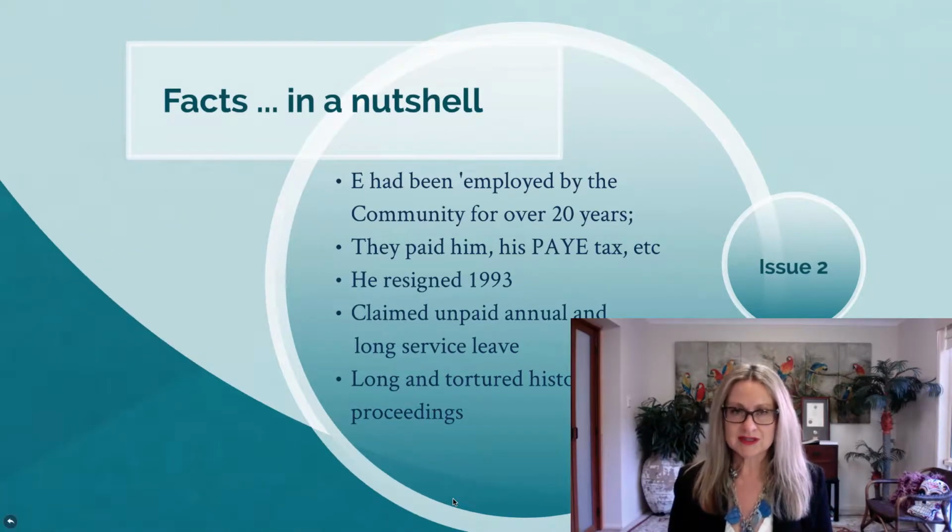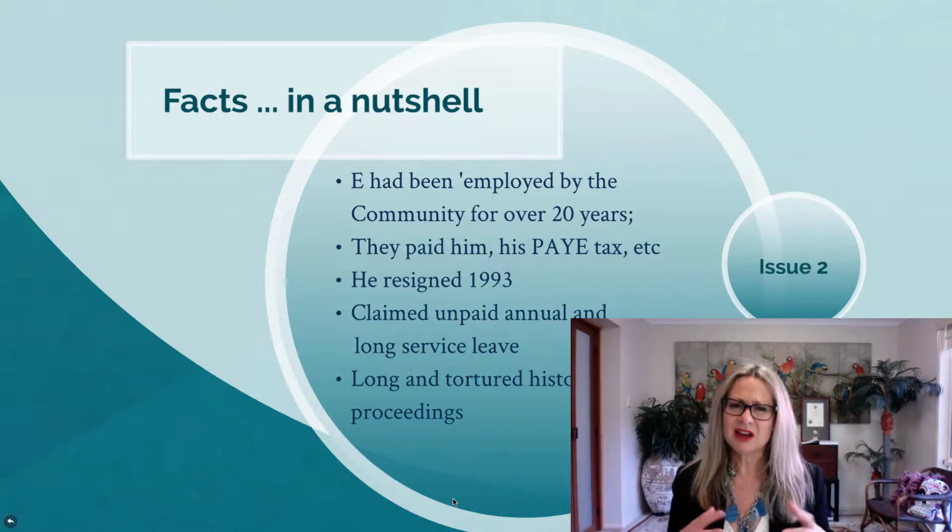So, facts of Homogeneous: the Archbishop had been employed for around 20 years by the community. The community paid him. Interestingly, they also paid his PAYE tax to the ATO, and on his tax-related forms, the community had designated Homogeneous as the employee and themselves as the employer.